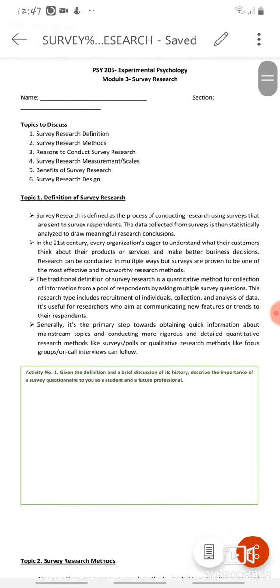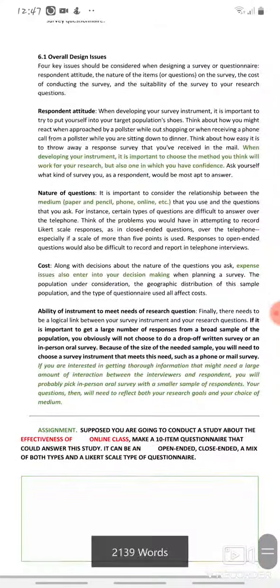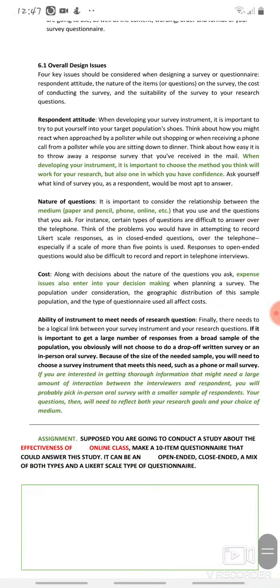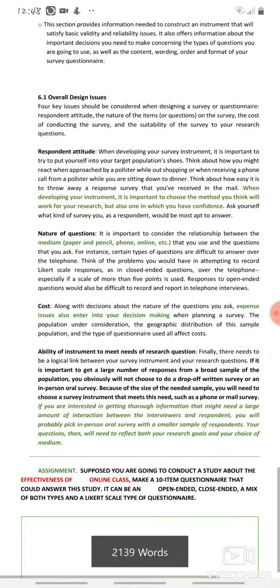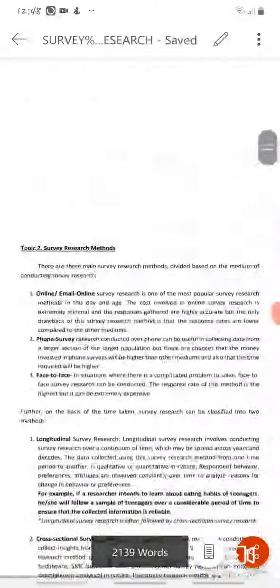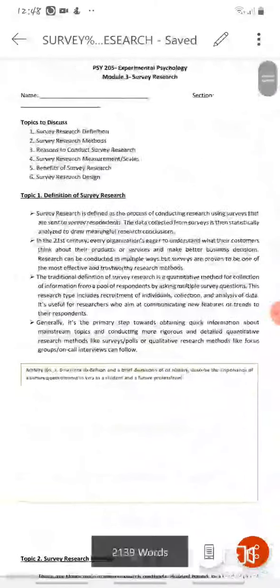So, for Module 3, Survey Research, expect that you're going to make a research questionnaire. Yung assignment nyo dito sa pinakadulo, class, gagawa kayo ng 10-item questionnaire, we're going to discuss pa paano mai-improve, tsaka ano yung mga common mistakes.